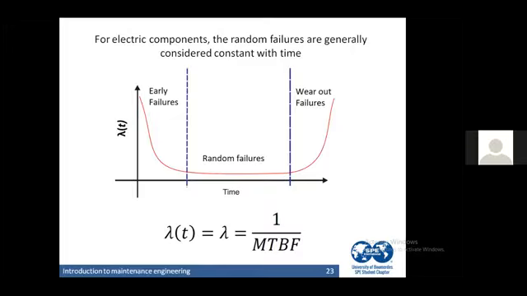After millions and billions of studies done on the probabilities and reliability of electric components, scientists arrived at the result that this equipment has a constant variation of failure, and you can predict at any moment of time the probability of failure by just dividing one by your MTBF.